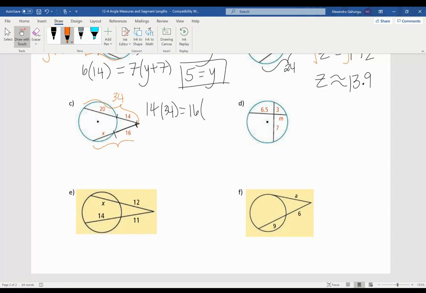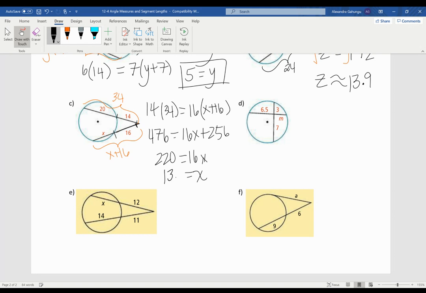And I've got an x here, so the whole would be x and 16, so x plus 16. So we get 14 times 34, 476, equals 16x plus 256. 16x is all on its own. And we get 220, so x is 13.8, because we have to round to the nearest tenth.